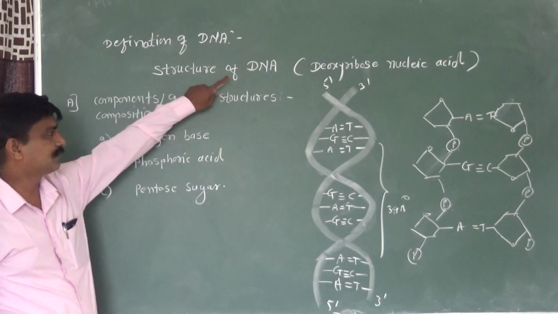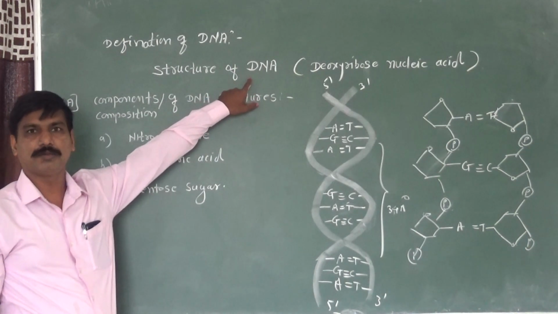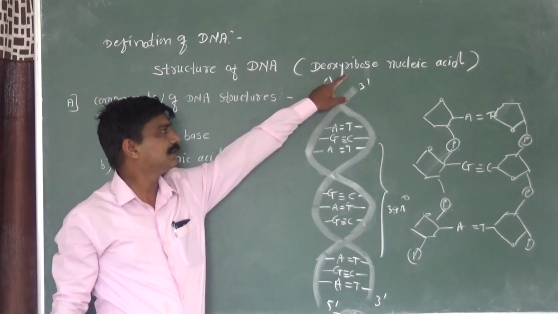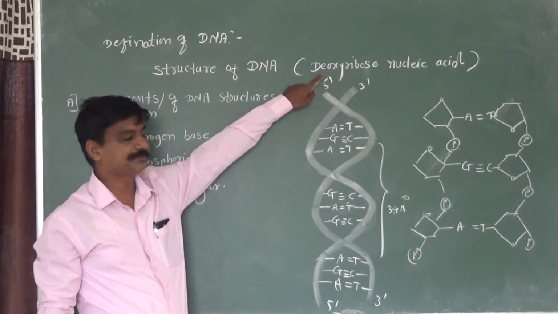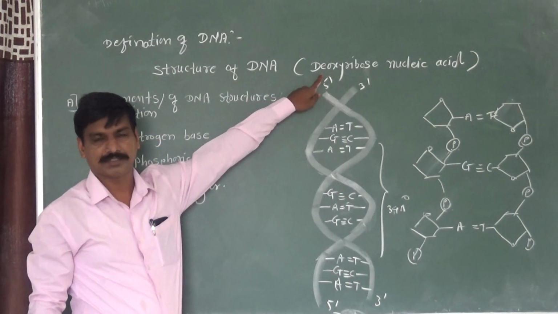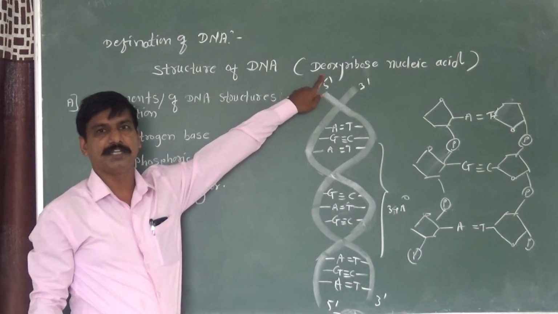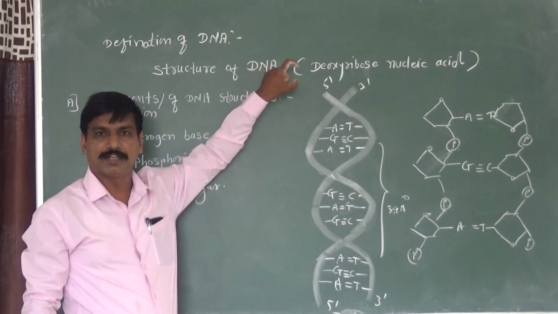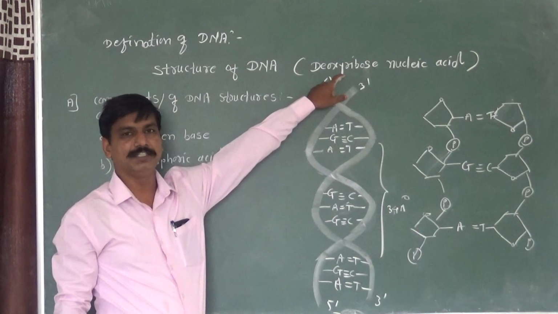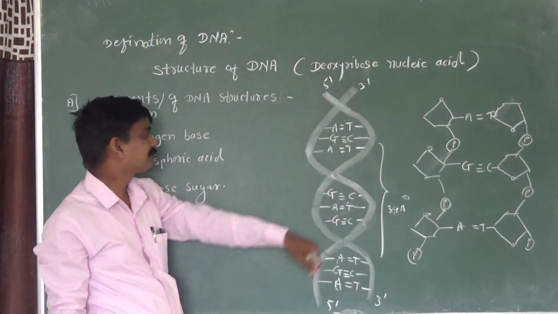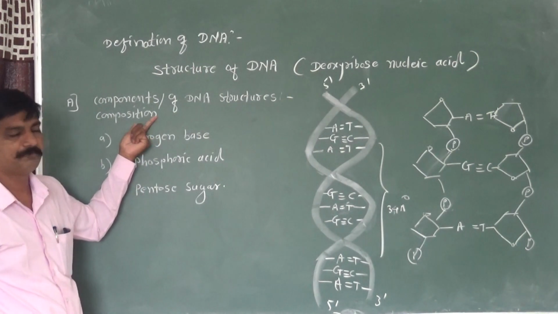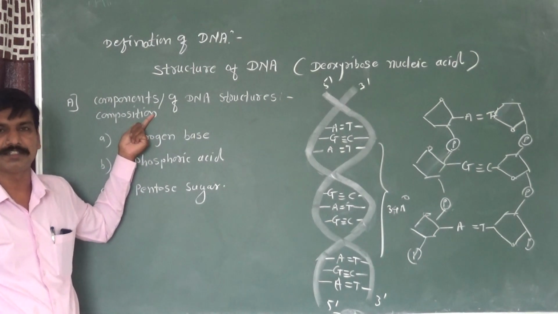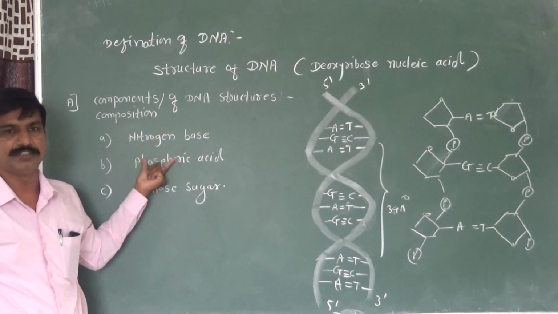Here, the structure of DNA: the long form of DNA is deoxyribose nucleic acid. It means the OH group is replaced by a hydrogen atom in the pentose sugar.